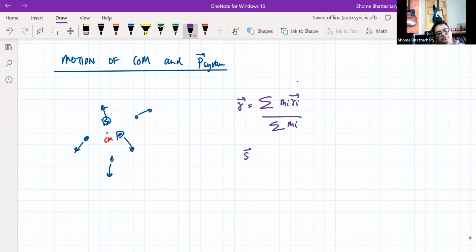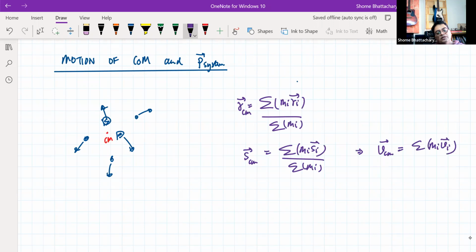Accordingly, the displacement of center of mass also becomes summation of individual mass into displacement divided by summation of mass. So differentiating this relation gives us the velocity of center of mass as summation of mass into velocity divided by summation of mass.